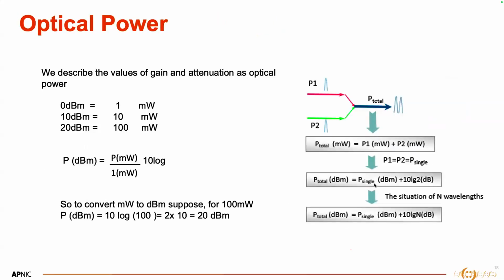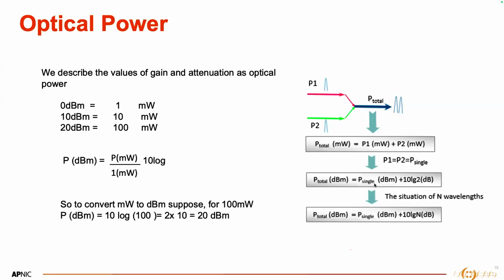Optical power. As we are talking about optics, it has to have a measurement to measure its strength, right? So optical power shows the strength of any signal, how weak it is, how strong it is. It is expressed in milliwatt, and it can be converted into dBm, decibel-milliwatt.